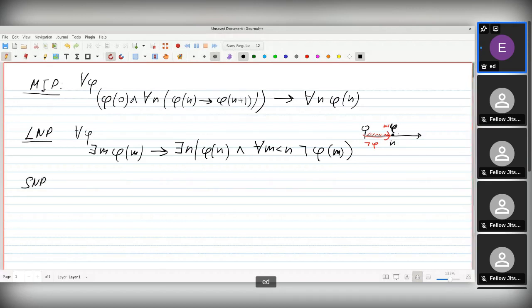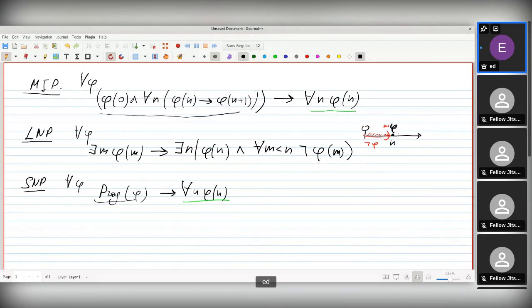And the last form of this principle was the so-called strong induction principle, which says that whenever phi is progressive, then phi holds for every natural number. The conclusion is the same as we had in the regular mathematical induction principle. But what does it mean? Progressive. Progressiveness is like these two combined.